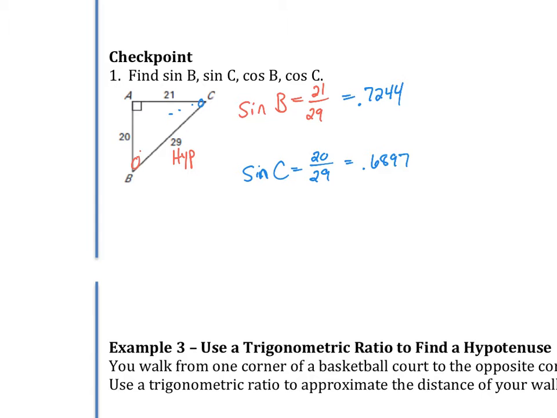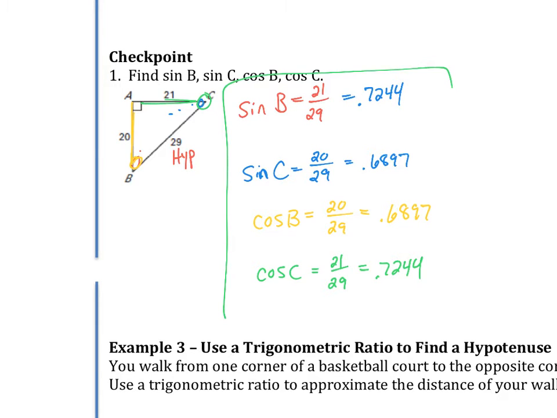If we find the cosine of B, so here is B. The adjacent leg is 20, so cosine of B is equal to 20 over the hypotenuse. 20 over 29, which again is 0.6897. And if you find the cosine of C, the adjacent leg of C is 21, so it'll be 21 over 29, and 21 over 29 is 0.7244. So that would be all of the sine and cosine ratios.